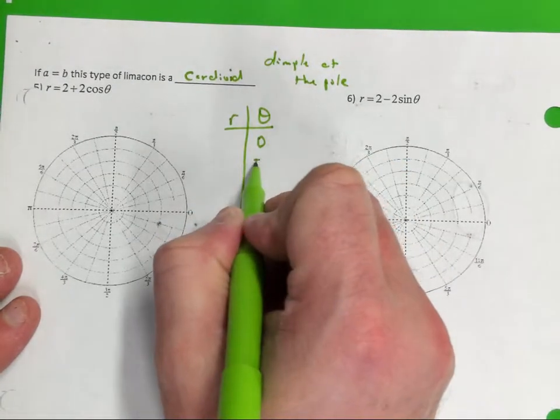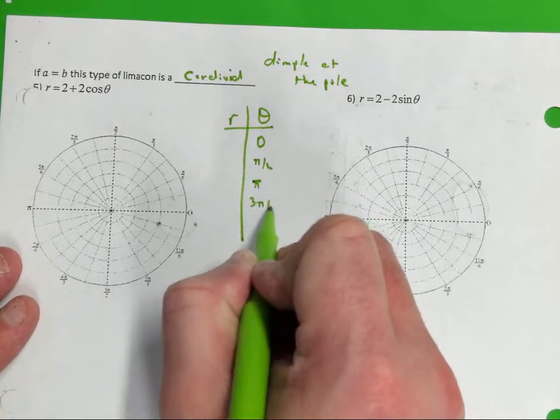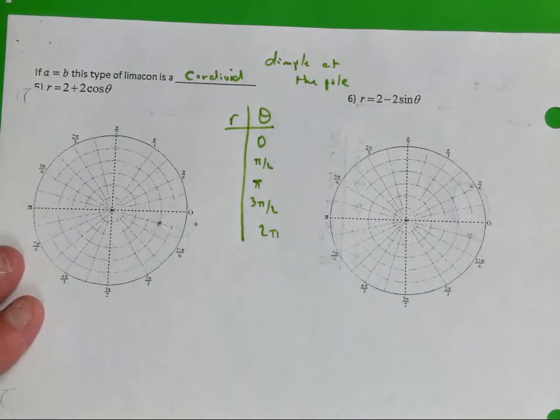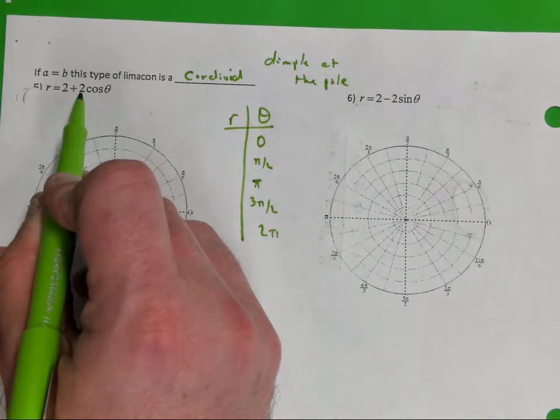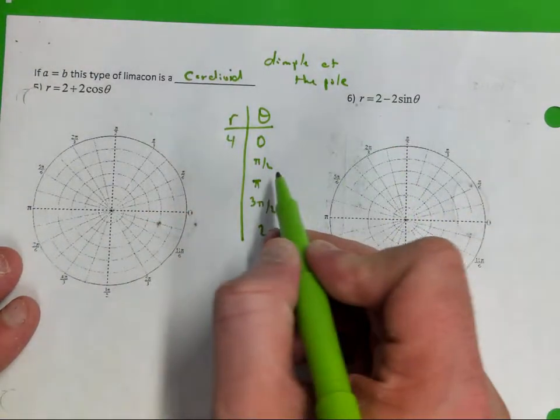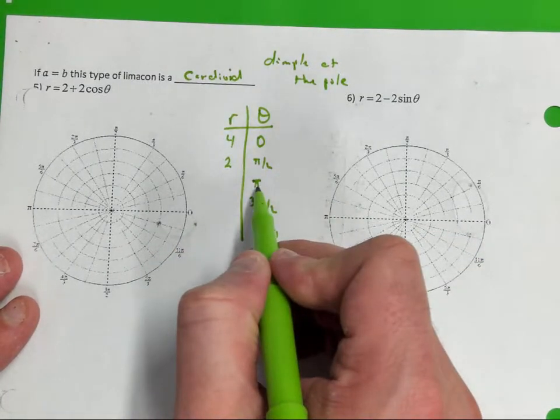So 0, pi over 2, pi, 3 pi over 2, 2 pi. I plug 0 in. The cosine of 0 is 1. 1 times 2 is 2, plus 2 is 4. Plug pi over 2, that gives me 0. 0 plus 2 is 2.